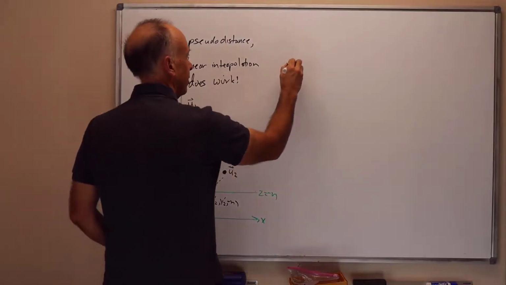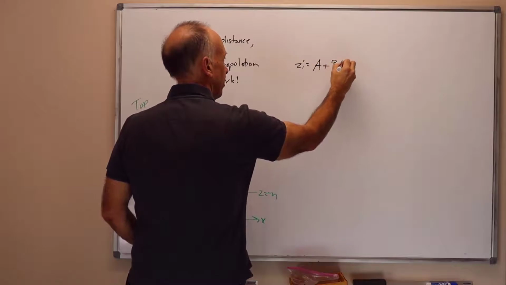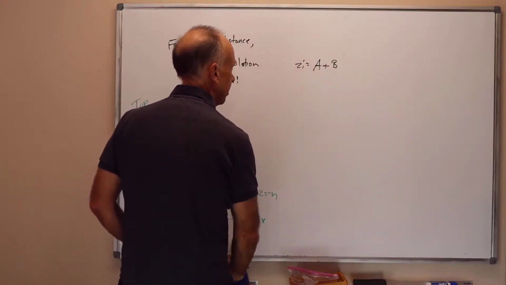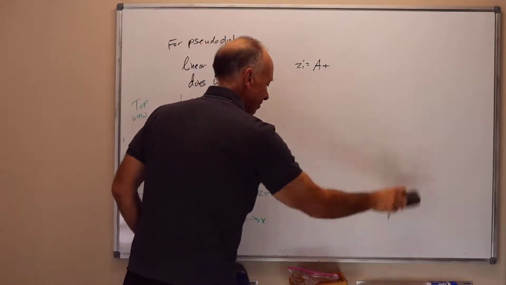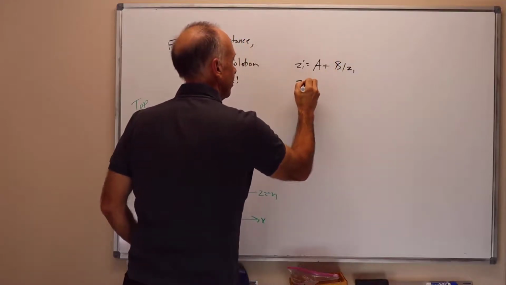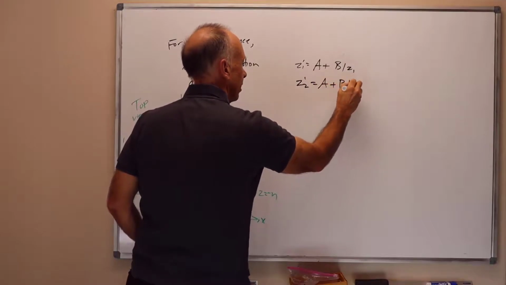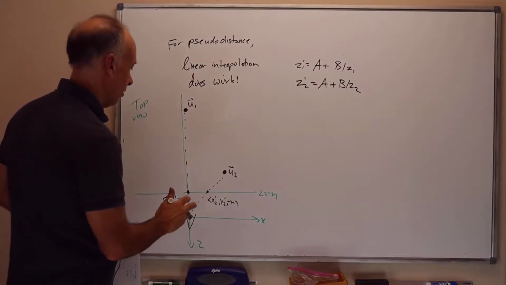And we're going to set z1 prime equals a plus b divided by z1, and z2 prime equals a plus b divided by z2. And here's what does work out with linear interpolation.